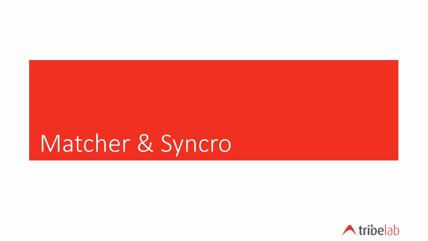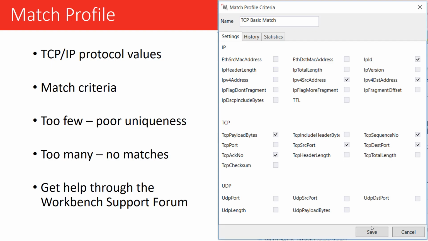Now let's just talk about these two functions called Matcher and Syncro. So Matcher, as the name implies, matches packets between a number of capture points, and we'll see how this works in a second. But the important part here is that you need a match profile, and this defines the criteria that are going to be used to match packets between 2 points in a network.